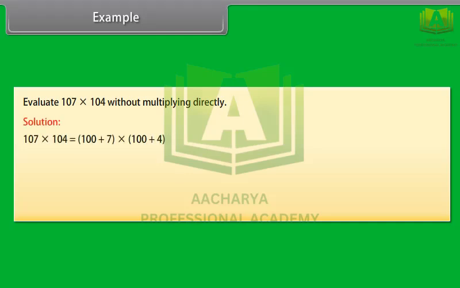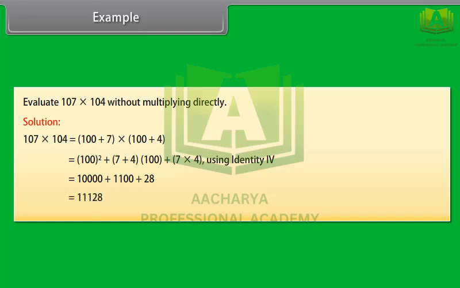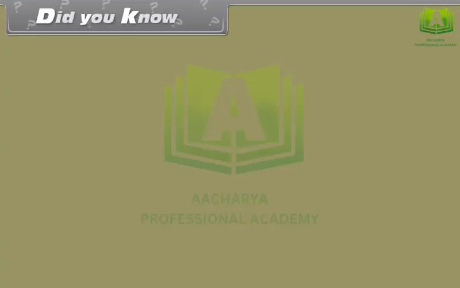Solution. 107 into 104 is equal to (100 plus 7) into (100 plus 4), which equals 100^2 plus (7 plus 4) into 100 plus 7 into 4, using identity 4, which equals 10,000 plus 1,100 plus 28, which is equal to 11,128.